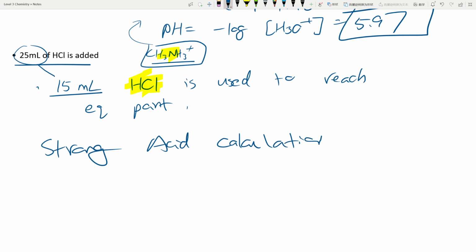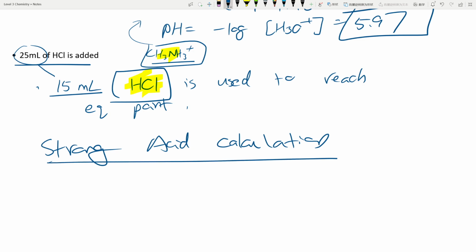Because the HCl is far more dominant. Okay, sounds like we're doing biology here, but it dissociates more, and we just ignore this CH3NH3 plus. Say you have 100 of these, I always like to use a quantity like 100. If I already have 100 of this HCl, who cares about that one extra dude from CH3NH3 plus? It's so insignificant, it's going to make our calculation miserable. Let's just ignore it. Okay, so you're just doing a strong acid calculation.